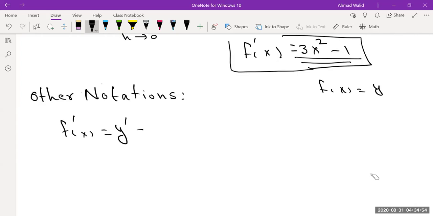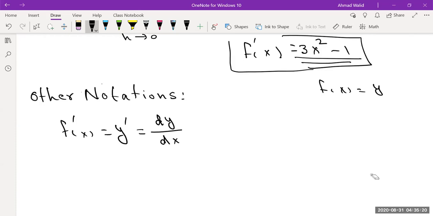The other notation, which Leibniz used a lot, is dy over dx. It means the derivative of the function with respect to x, the derivative of y with respect to x, because x is involved in your function.